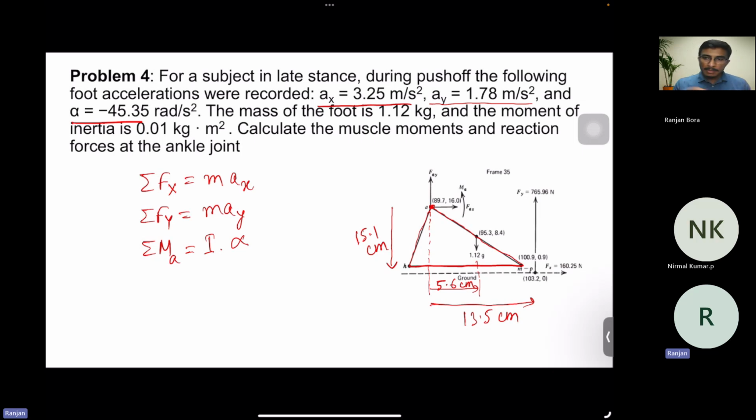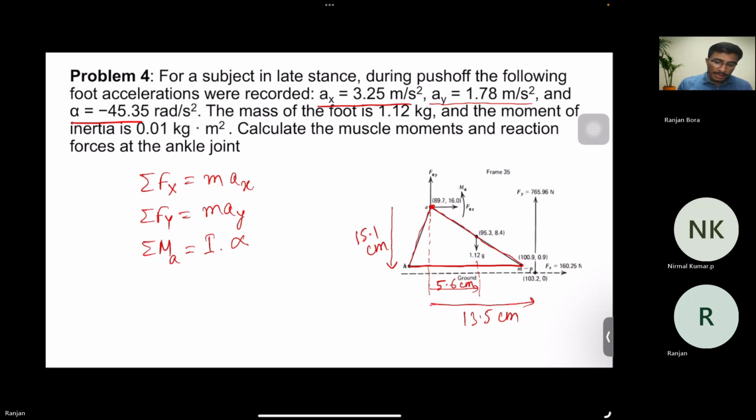In my previous equation, because there were no accelerations given, we used summation Fx equal to 0. That means we put the acceleration term as 0, then used that simplified equation. But here we need to use the accelerations also because these values are given.